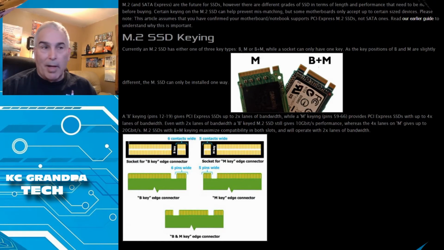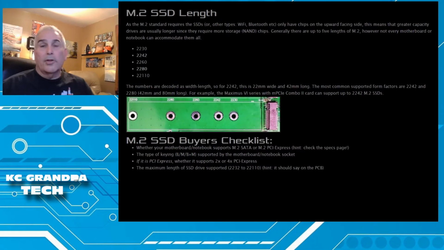The next thing we'll talk about is length. With storage, generally the larger the storage capacity, the longer the SSD M2 drive will be. So if you're replacing the drive on your laptop or desktop or whatever device you're using, you'll need to know how long your opening is. You'll need to know whether it's an M, a B plus M, or a B, and then its length.